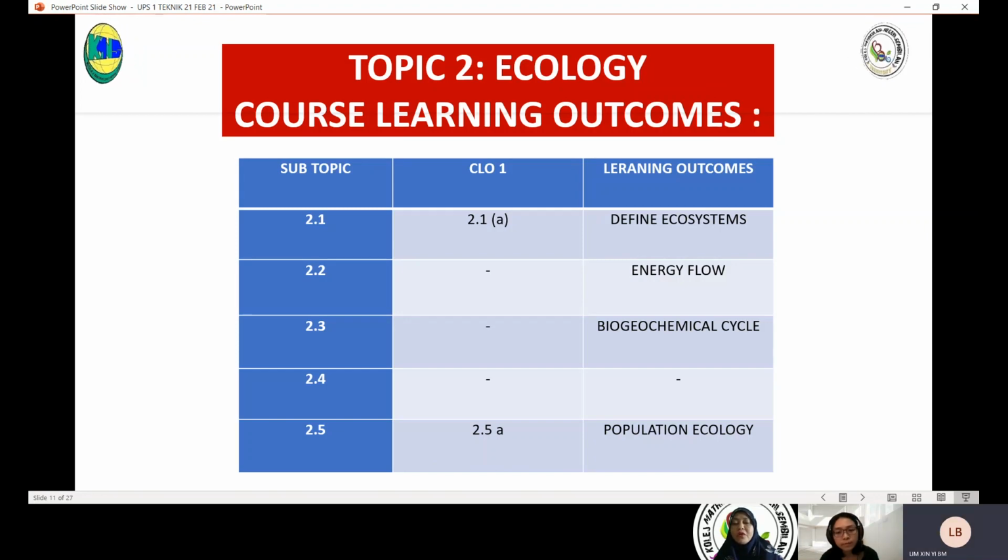For population ecology, maybe they will ask you the basics about the shape of the graph: exponential and logistic, the J shape curve. So that's chapter 2.